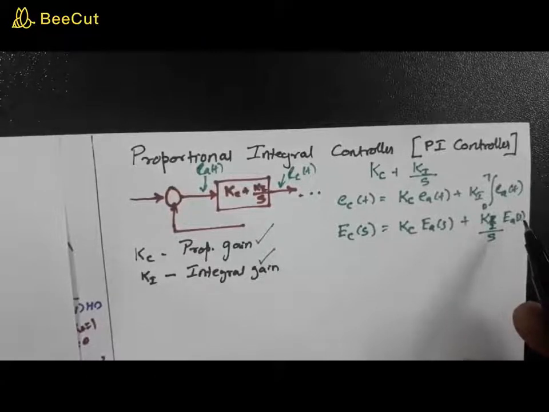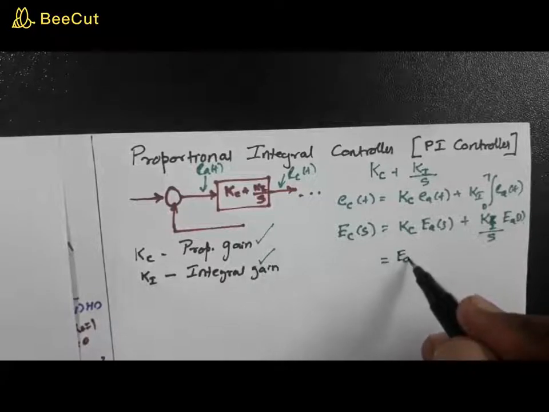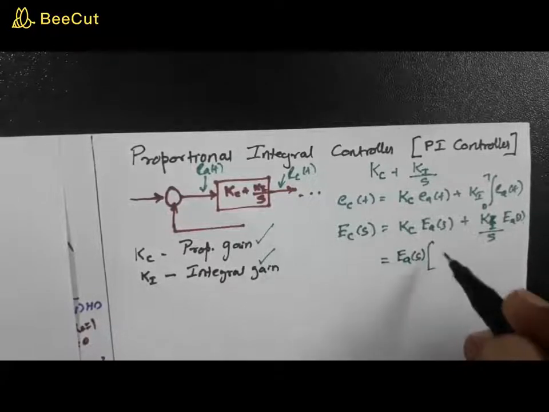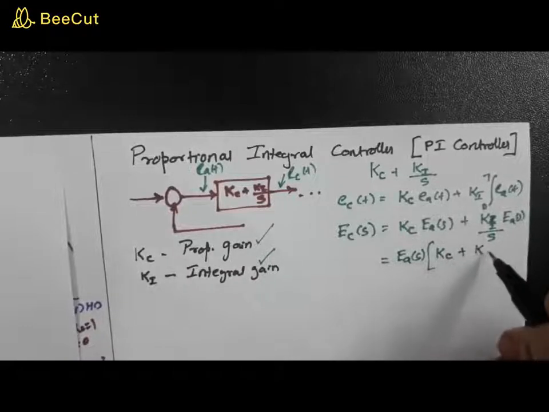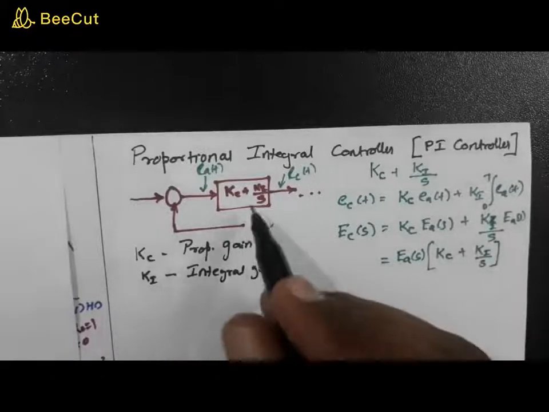You can take EA of S as common, so that this becomes EA of S into Kc plus Ki by S. So this forms the block diagram.